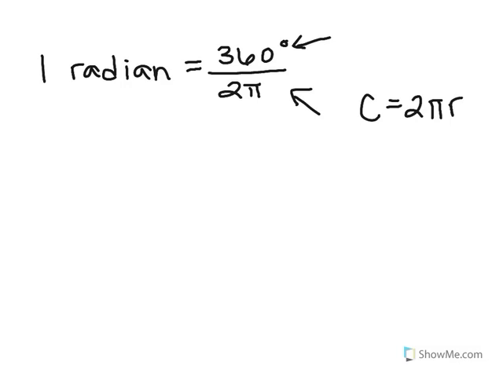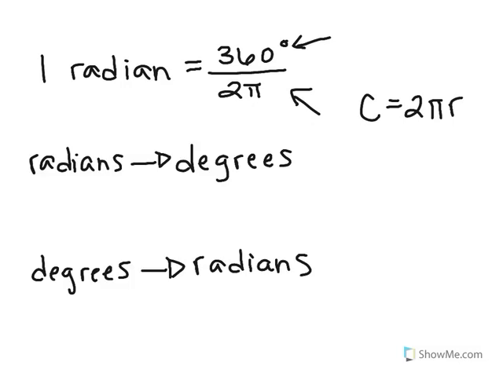So it's going to be really helpful for us to use a couple different formulas, and I'm going to write them down, and we're going to work out some problems together. All right, so this is what we're going to do. If I want to convert radians to degrees, I'm going to take the amount of radians that I have, and it can be a decimal, a fraction, or a whole number, it doesn't matter.